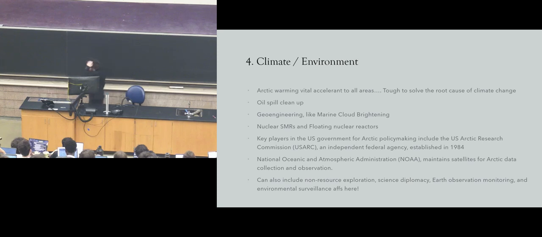Area 4 was climate and environment. This is something that is extensively written about in the Arctic context. Almost everybody mentions that global warming is accelerating all forms of development and change in the Arctic. That being said, outside of maybe a couple of AFs, warming is not a very good AF advantage because for the most part, you can't do all that much in the Arctic alone.